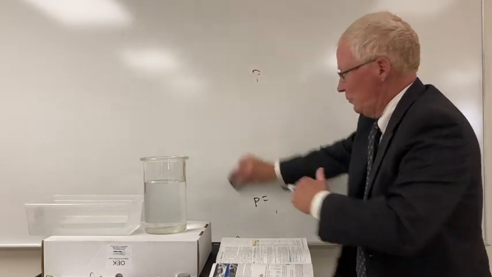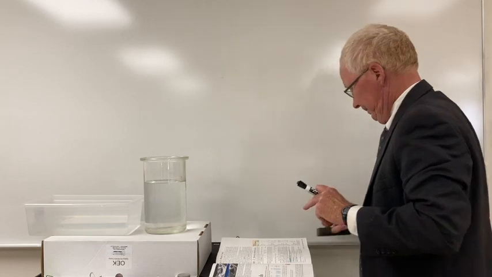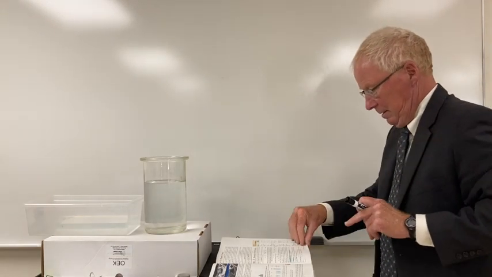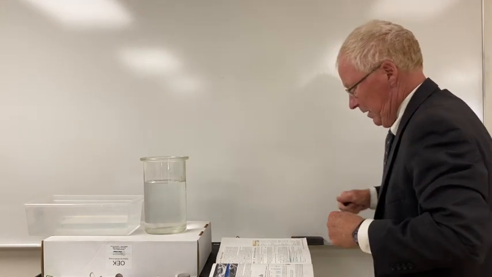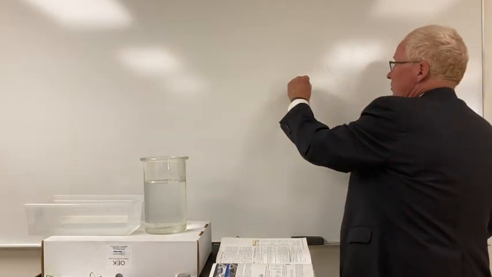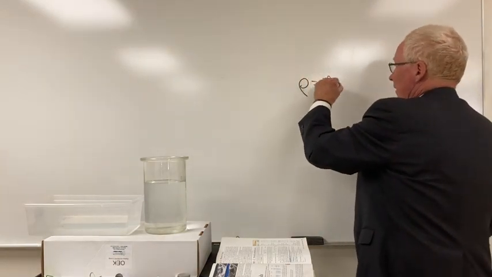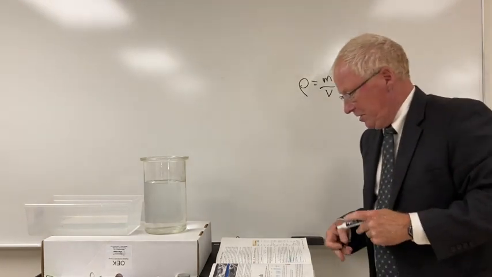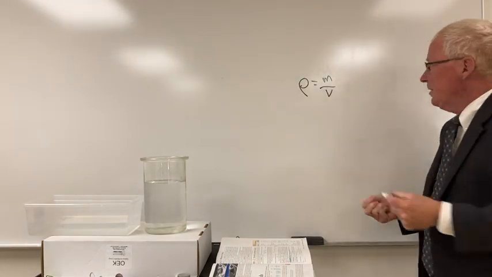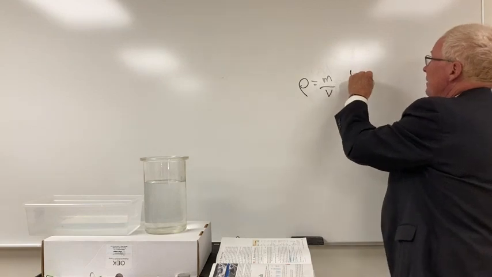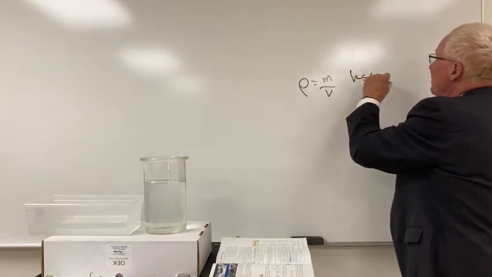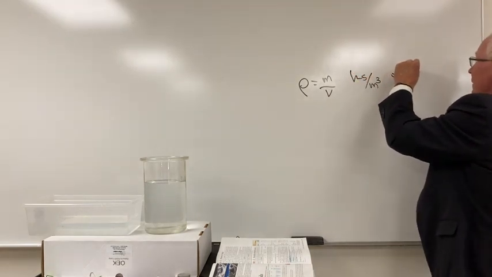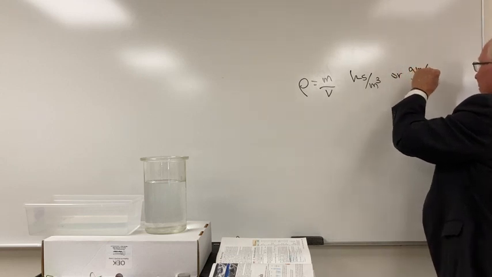So let's move on. The concept of density: I'm just going to use mass over volume. And there's a table that shows it either in kilograms per meter cubed or grams per centimeter cubed.